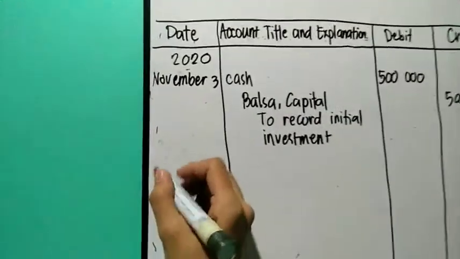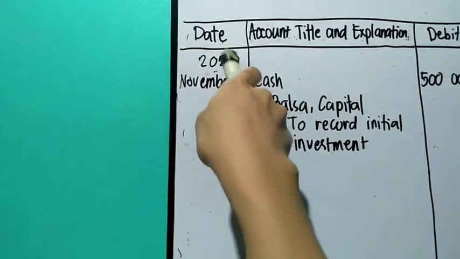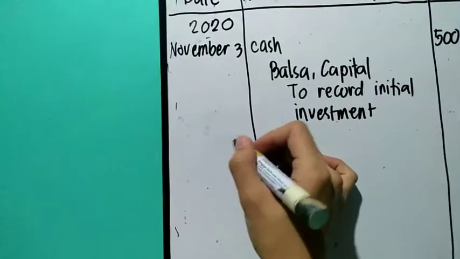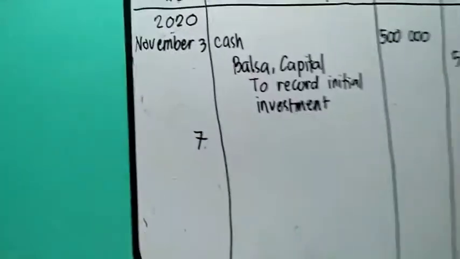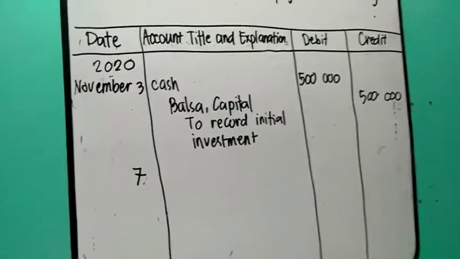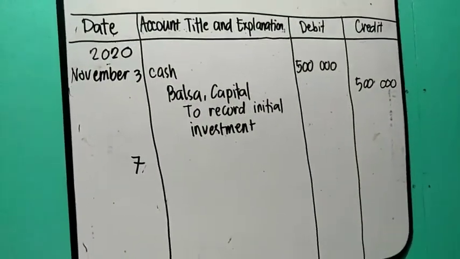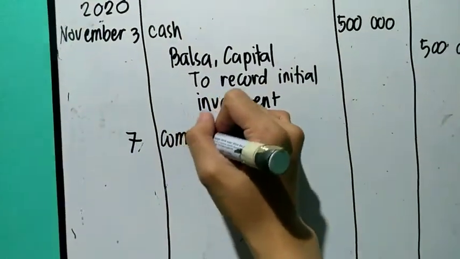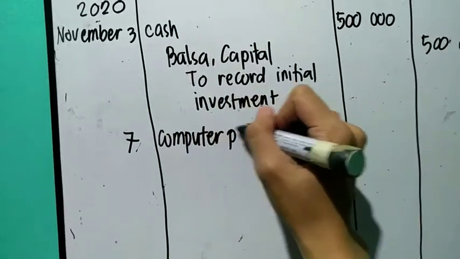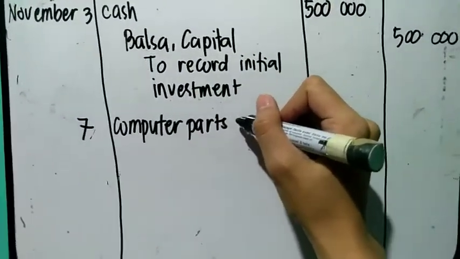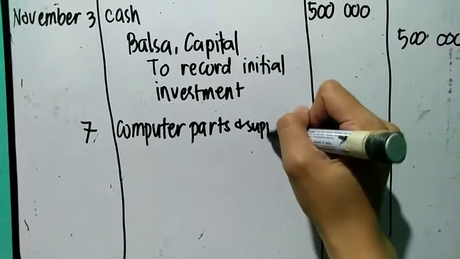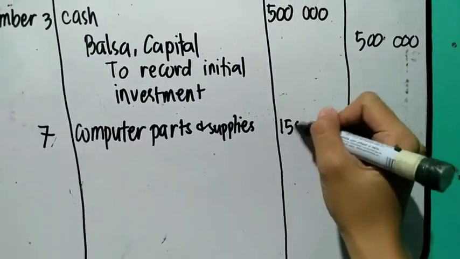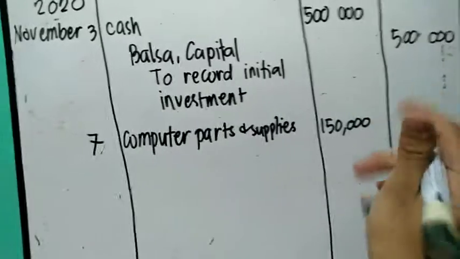Now let's try another one. In November 7, since you already have the year and the month here, you can just write the day, 7. Do you remember the journal entries? So we have computer parts and supplies for our debit. That is 150,000. Oh, sorry.